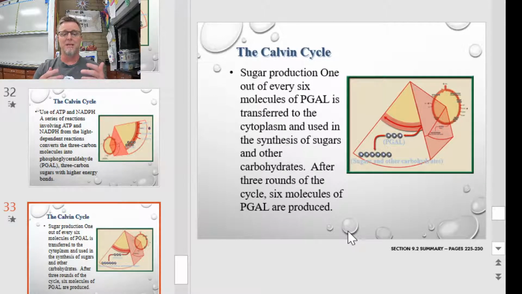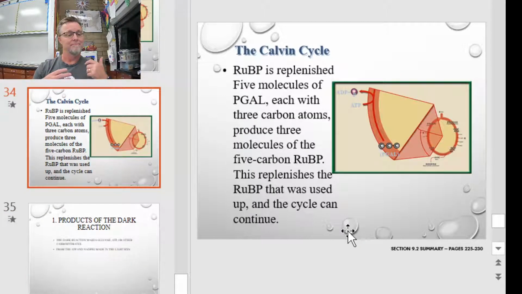After 3 rotations of the Calvin cycle, we can produce 6 molecules of PGAL. So mathematically, that means potentially 3 glucose molecules. If we're not producing glucose, then that PGAL is going to be used to replenish RUBP and keep this cycle going.